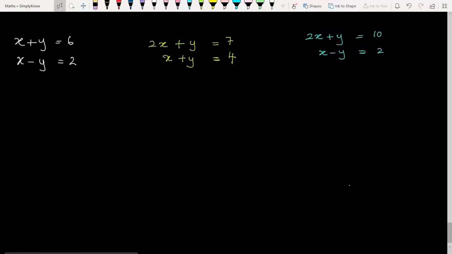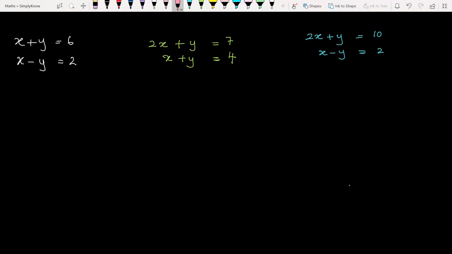Okay, then let's use 3 pairs of simultaneous equations and learn the method of elimination in order to solve these pairs of equations. Now I'm going to do the second pair of simultaneous equations first. So as I told you earlier, we are going to eliminate the unknown that has the same coefficient.